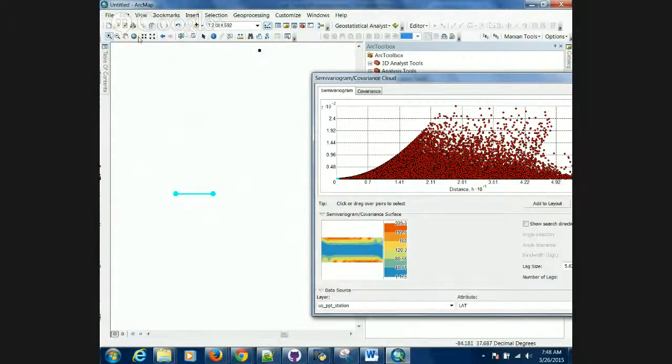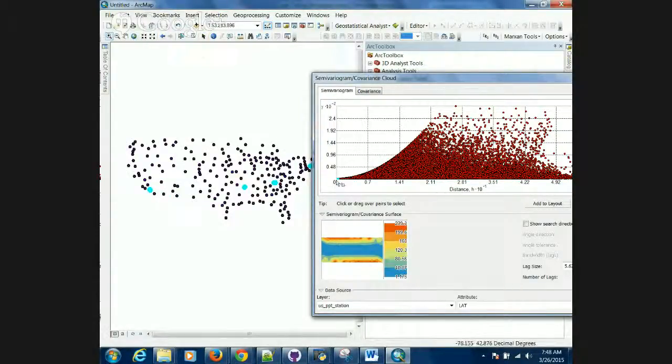So these pairs are very low in distance and in semivariance. In other words, they have a very similar latitude and a very small distance between them. And if we look, I don't know if I can pick just one.